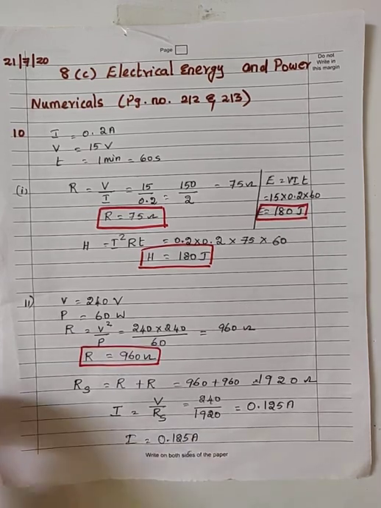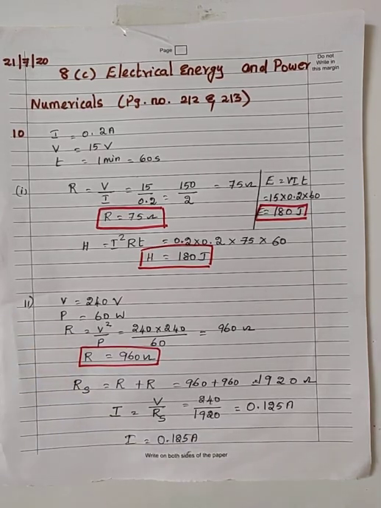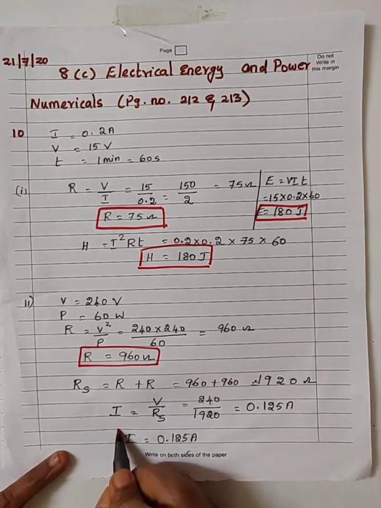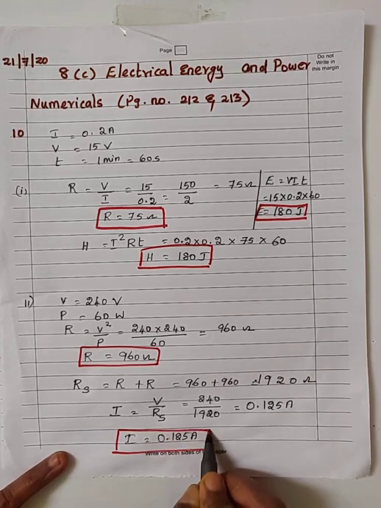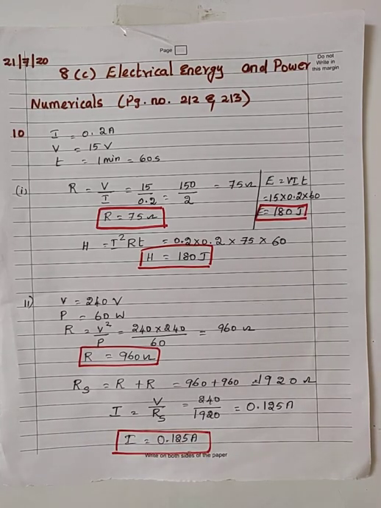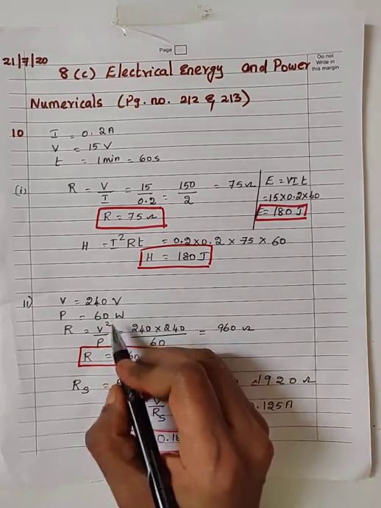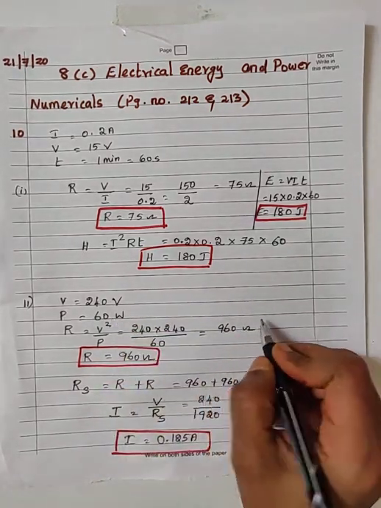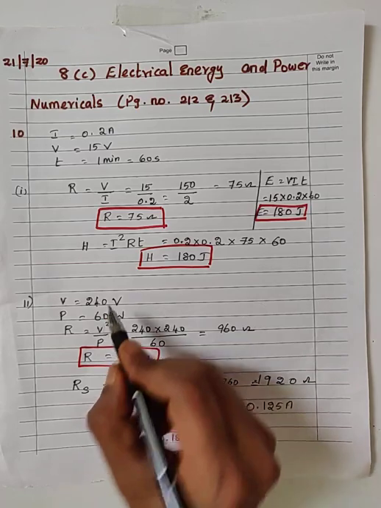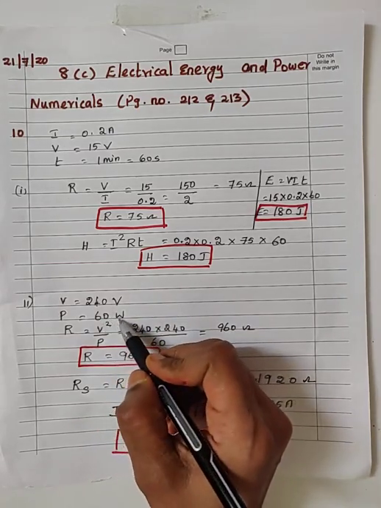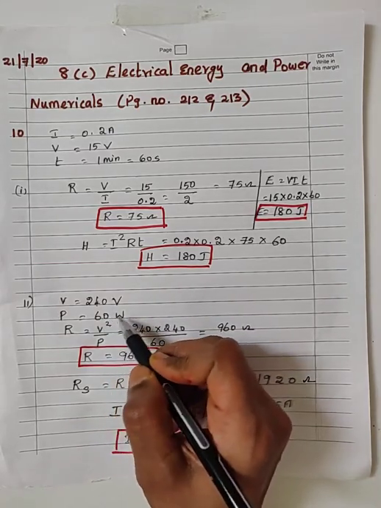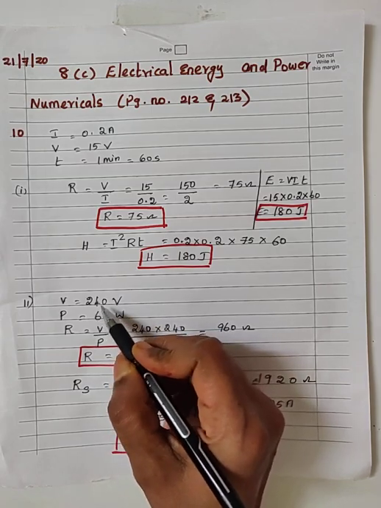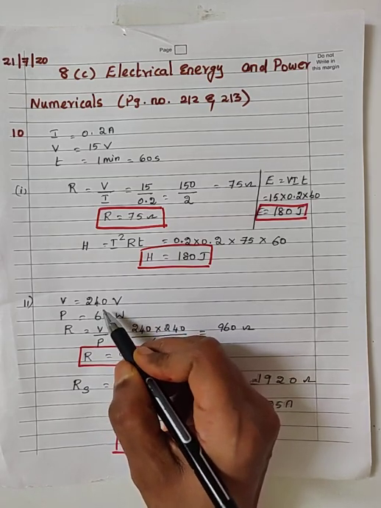Now, you are asked to give the reason why the bulb is glowing with a lesser brightness or lesser intensity. First we calculate from the given data P and V what is the current required by each bulb. For one bulb, 60 watt is the power consumed by the bulb when it is connected to the potential difference of 240 volt.